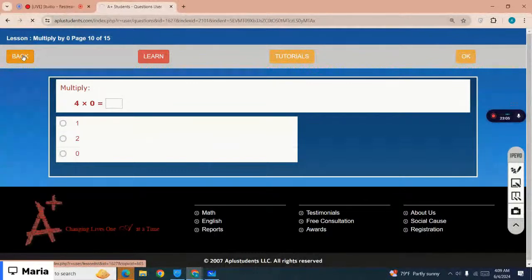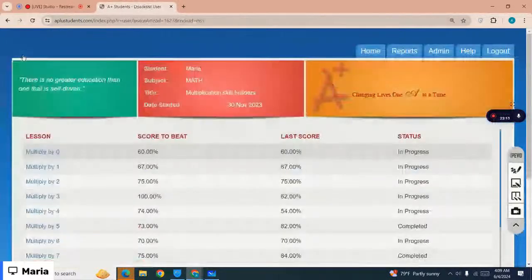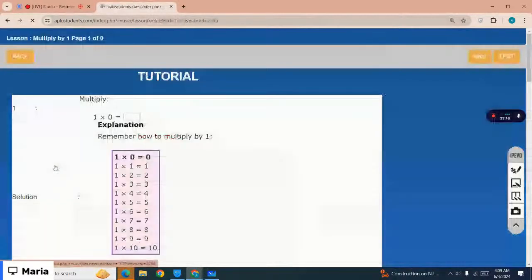Okay, let's just move on to the next lesson. The next lesson is multiply by 1. So let's just start with the lesson. So let's just start with the first example, that is 1 times 0. So because you are multiplying with a 0, the answer is 0, right?